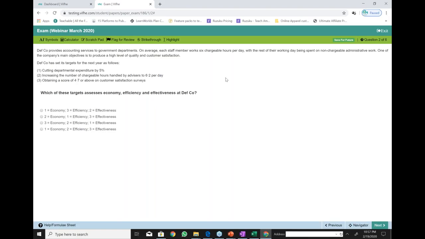First, cutting departmental expenditure by 5%. Second, increasing the number of chargeable hours handled by advisors to 6.2 per day. Third, obtaining a score of 4.7 or above on customer satisfaction.